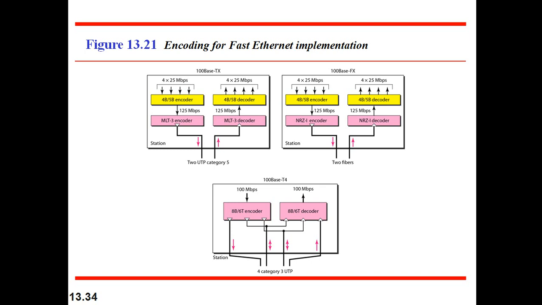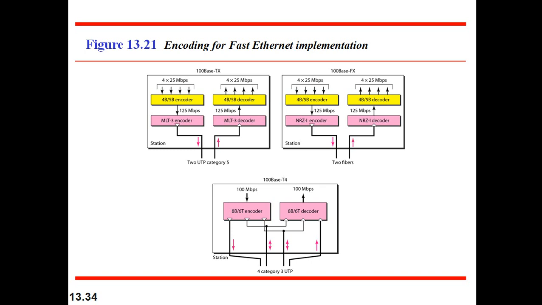The third one is 100BASE-T4. In the case of the 100BASE-T4 implementation, we are using category 3 UTP here. Here we are able to achieve this 100 Mbps data rate. But the problem is that these cables may not be able to handle more than 25 megabaud.